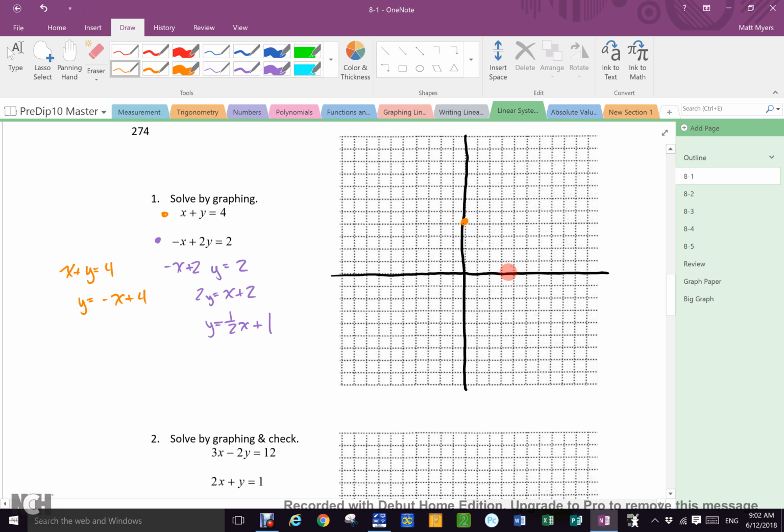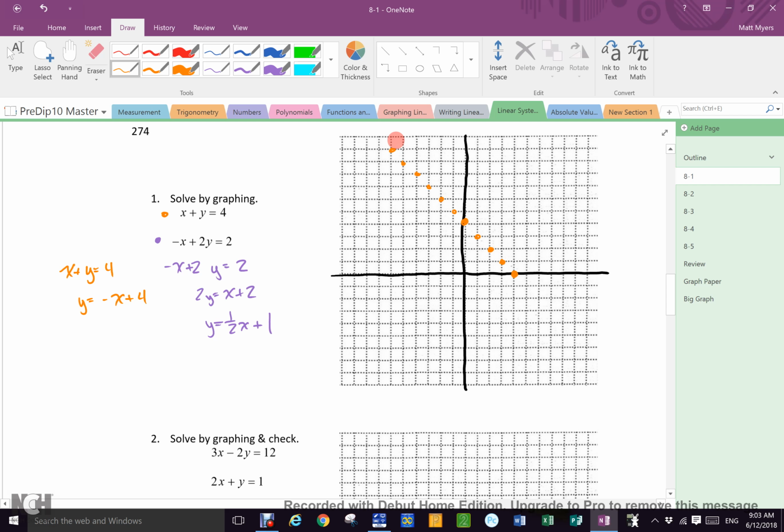I can put another one out here at positive 4 on the x scale, can't I? Because my slope is negative 1. Is everybody with me? Everyone cool? And of course I could connect that line, yes? Because it is continuous data.